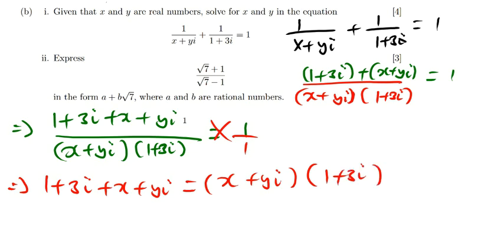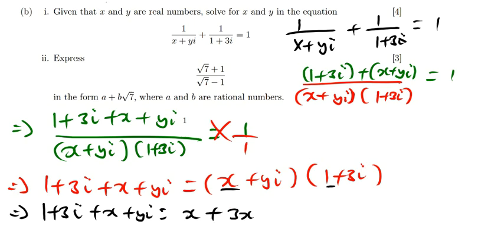Now I can expand this. The left hand side will remain the same: 1 plus 3i plus x plus yi to be equal to, so x times 1, I'll get x; x times 3i, it's going to be 3xi.